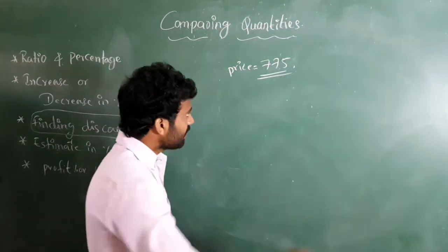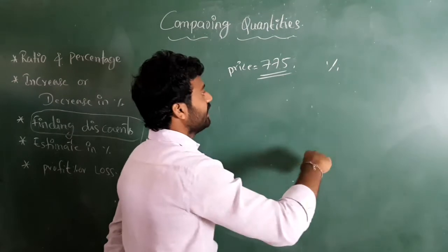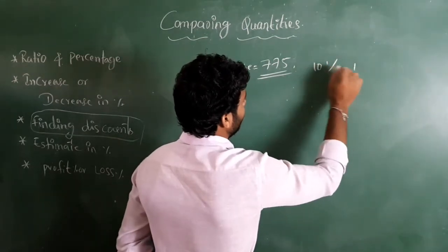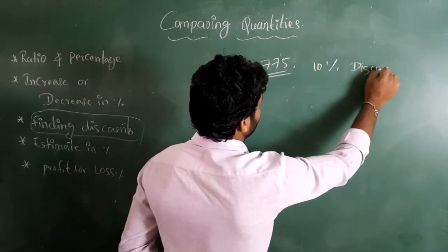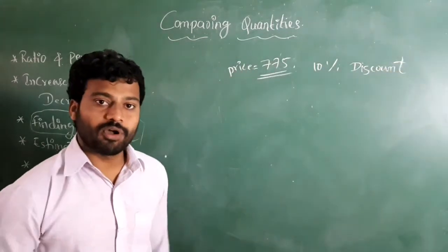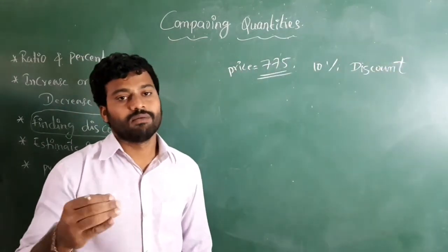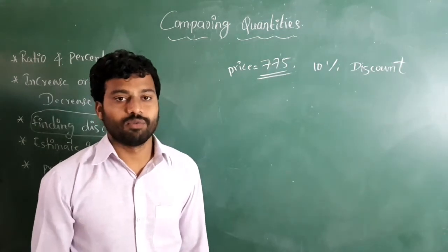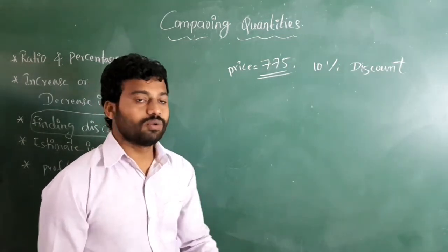Suppose they are going to give a 10% discount. Then approximately we have to estimate what the discount amount will be. So how to do that?